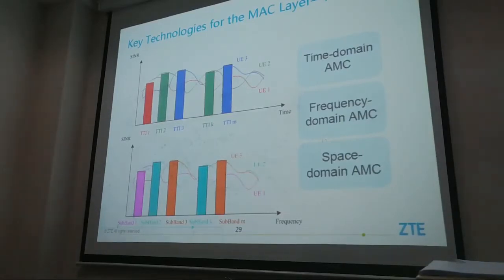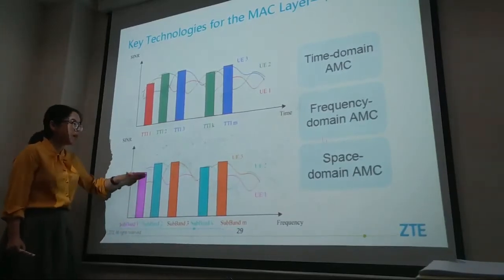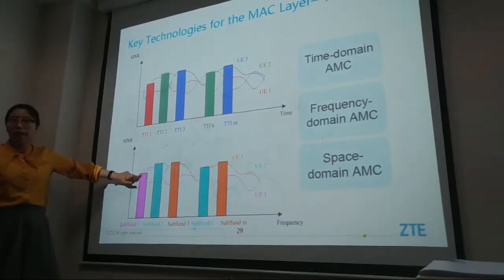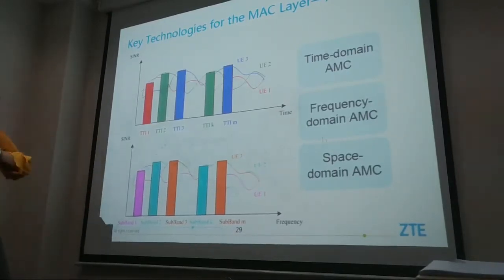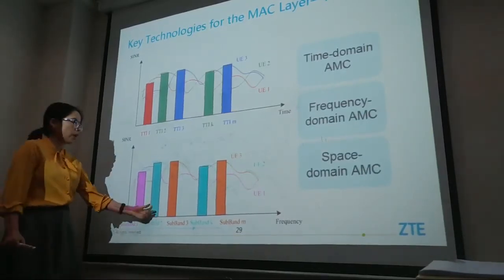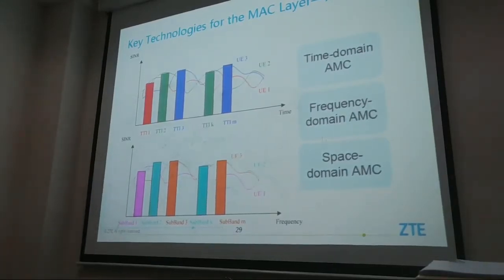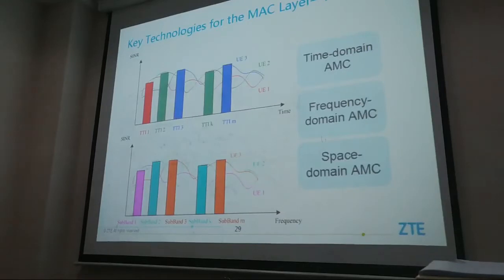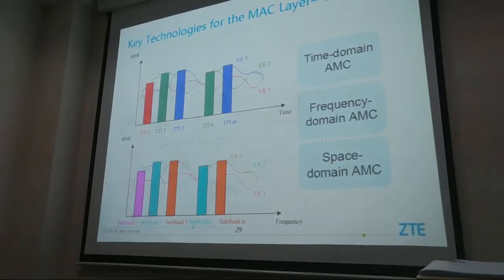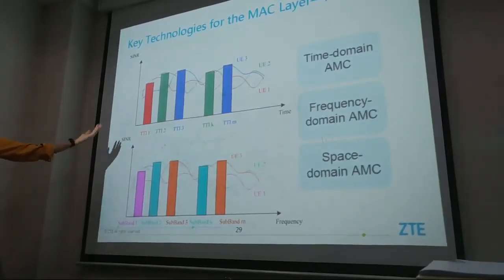For subcarrier 1, the CQI signal is like this, so I give it a specific modulation and coding rate. Subcarrier 2 has a different signal, so I give it a different one. You can see it's very complex. If you want to realize this method, it's very complex. If we use time domain, it's easier, and we can also adjust it properly.